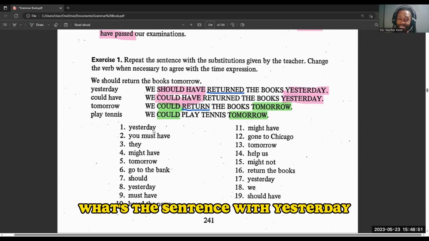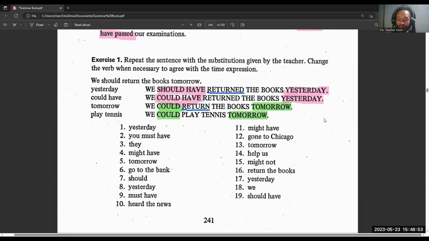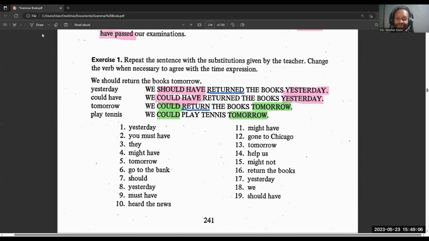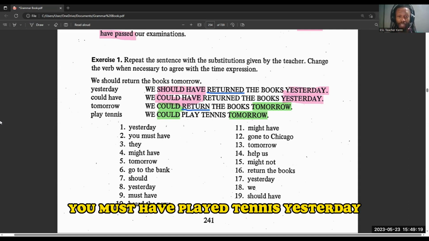What's the sentence with yesterday? We could have played tennis yesterday. Repeat. You must have. You must have played tennis yesterday.